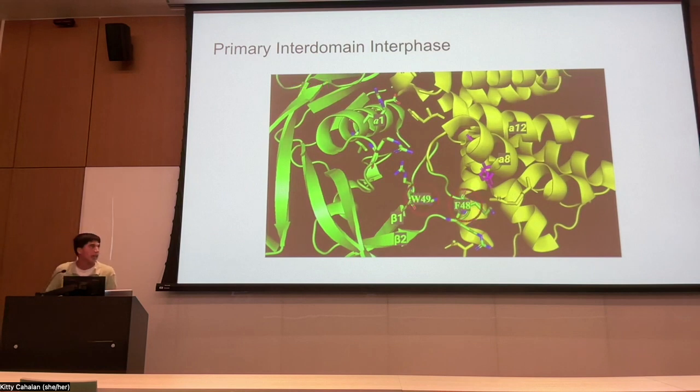And so basically what is happening right here is these aminos, for context, the letter is a 1-letter abbreviation for an amino acid. This one right here is tryptophan, and this one right here is phenylalanine. And the numbers are where it is in the sequence. So this right here is tryptophan 49 and phenylalanine 48.